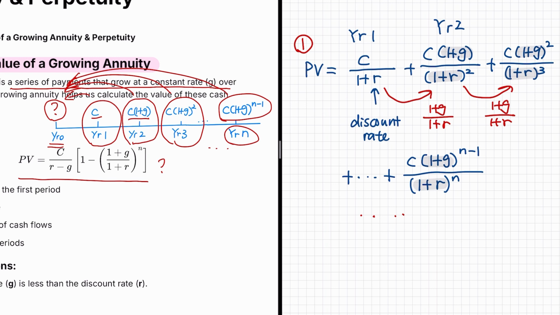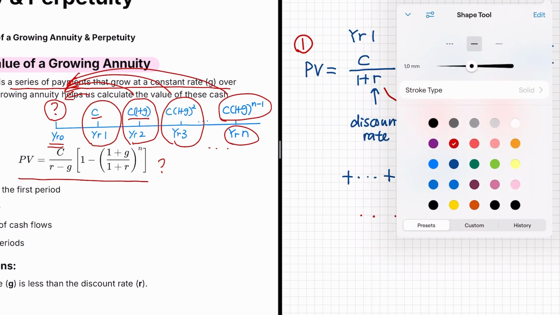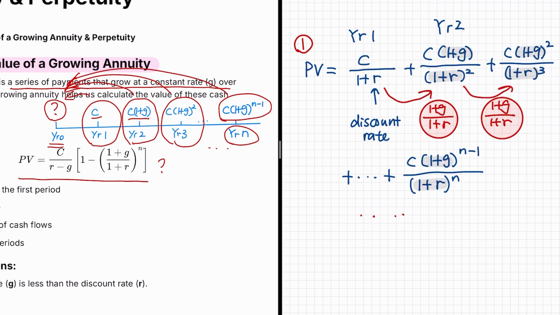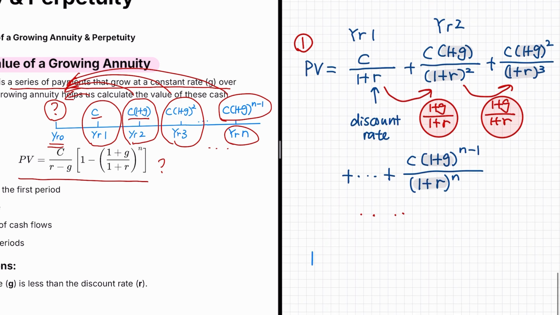So this is called the common ratio. We want to make use of this piece of information to help us make this calculation simpler. So what we'll do is multiply PV directly by 1 plus G over 1 plus R.